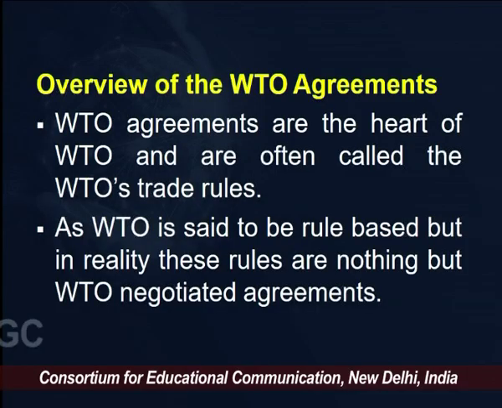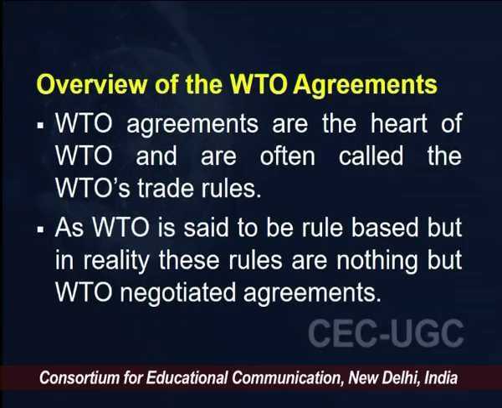Now, coming to the overview of the WTO agreements. Whenever we are talking about GATT or WTO, at the heart of it are the agreements. When agreements take place and all the member nations sign on it, then it becomes a trade rule which is binding on all the member nations. So, WTO agreements are the heart of WTO and often called the WTO's trade rules.